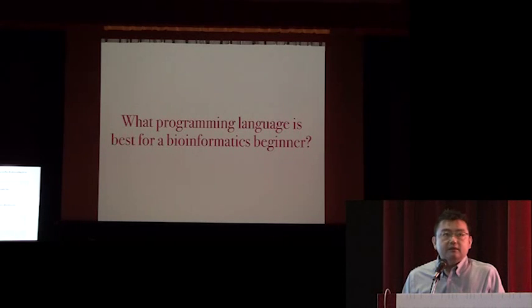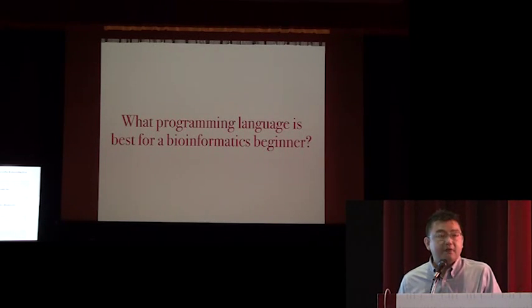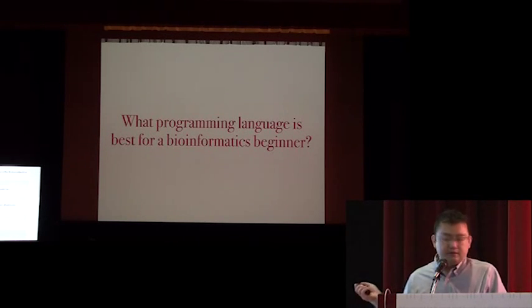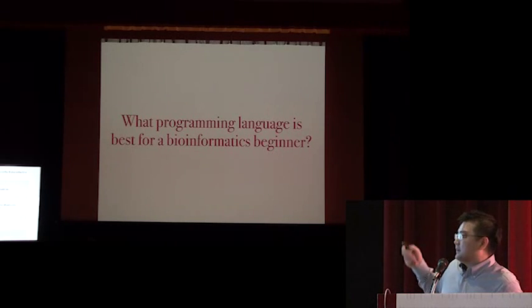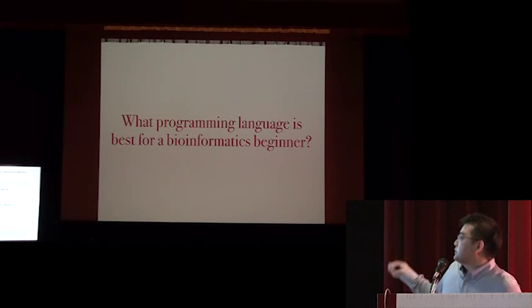Maybe many people will ask, what programming language is best for bioinformatics beginners? I think we should know each role of the tools we use in bioinformatics, so we can give you some answer for this question.